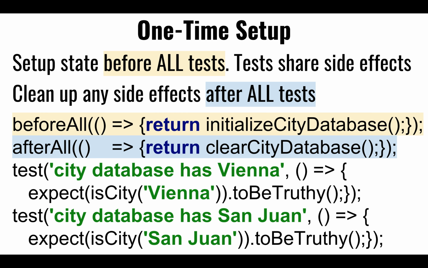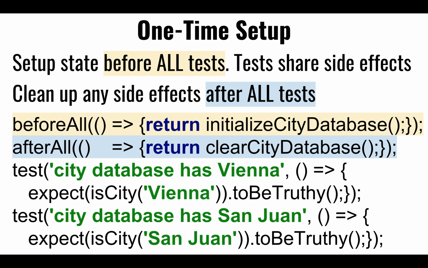So here's a really quick example, where we might be loading some database access that typically might be very, very expensive. We need to connect to a remote database and load the data. Typically, you might want to do this just once. And so, for instance, here in the beforeAll function, we're calling this initializeCityDatabase.